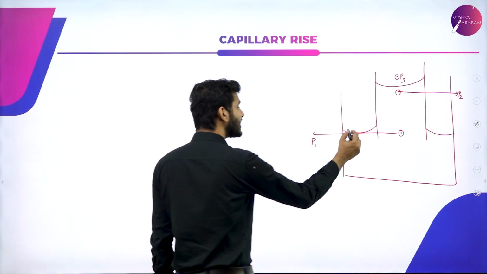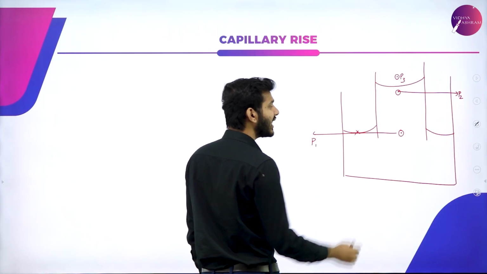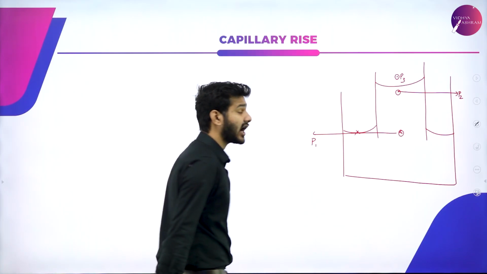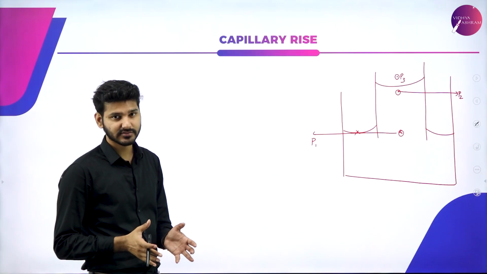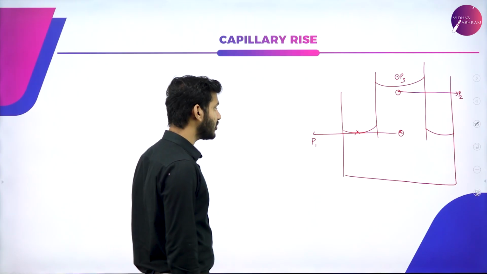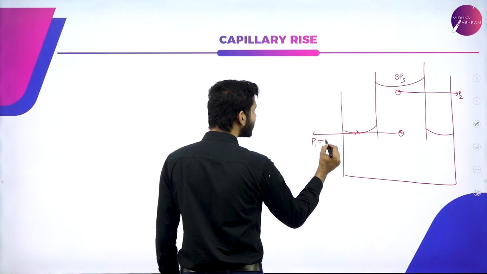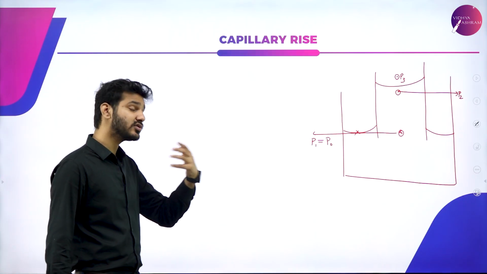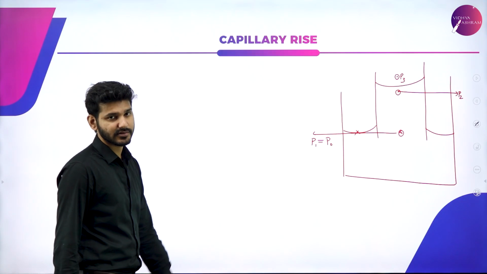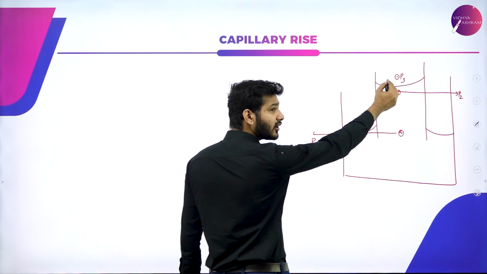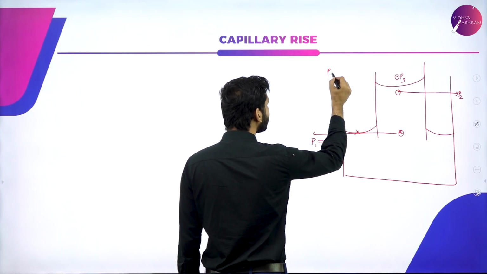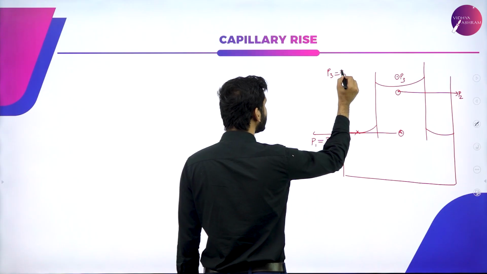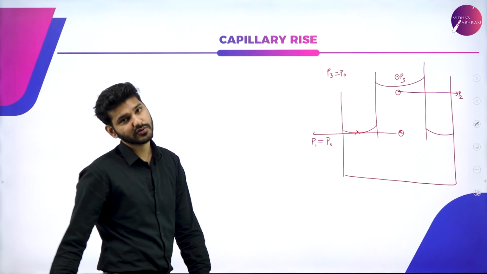Because liquids at the same level will have the same pressure, the hydrostatic paradox. I have discussed that. So we know that P1 will be equal to P0. P0 is simply the pressure outside the beaker. And P3 is already outside, which means that P3 also is equal to P0, the pressure outside.